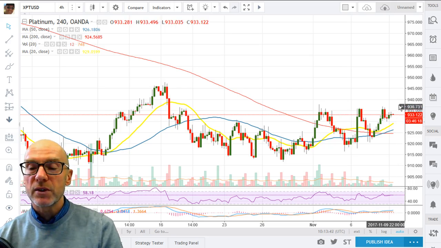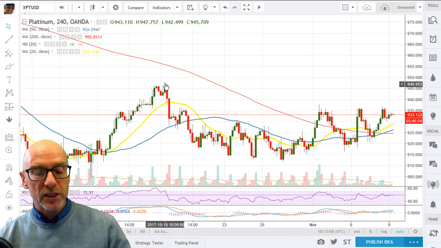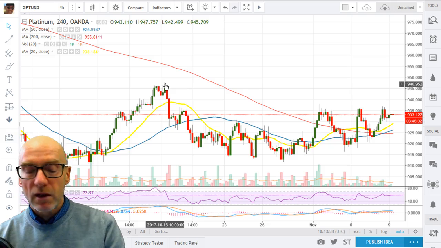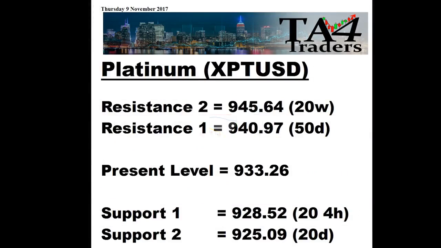You can see the resistance lines. We've got the high here of the 1st of November, which is around 937.3, and then there's the highs of the 16th of October, 946.9.